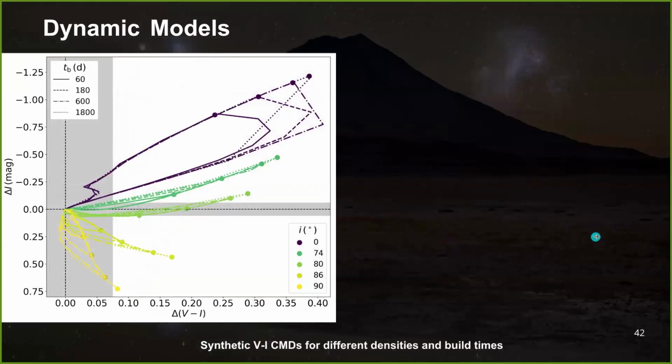And if we move to the color-magnitude diagram, we find very interesting features in those light curves. Here I'm showing the models for different build-up times, marked by line styles, and for different inclinations, which are represented by different colors.